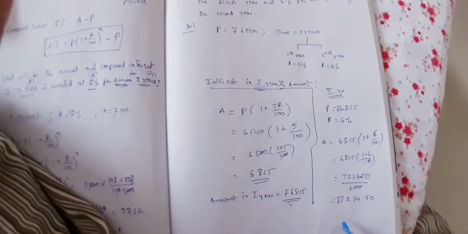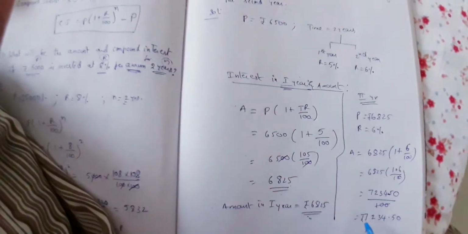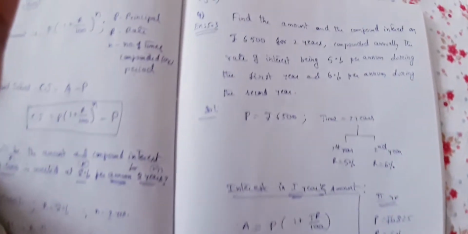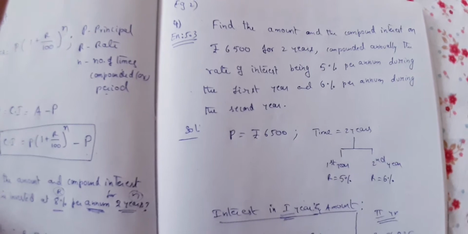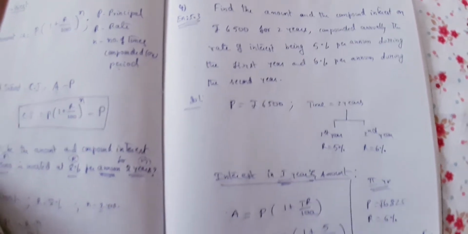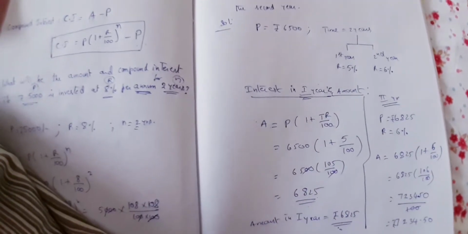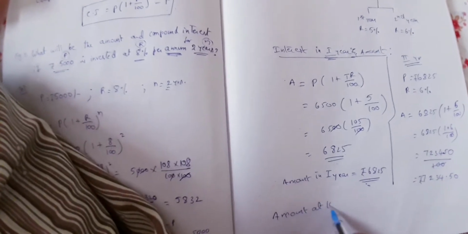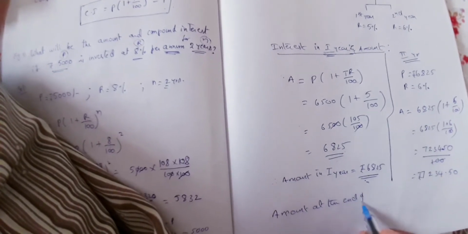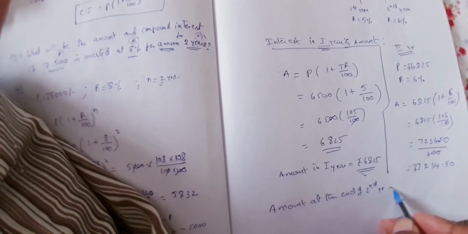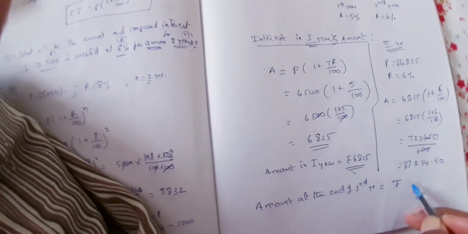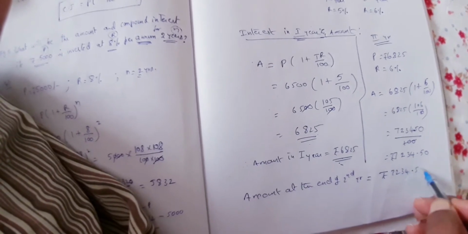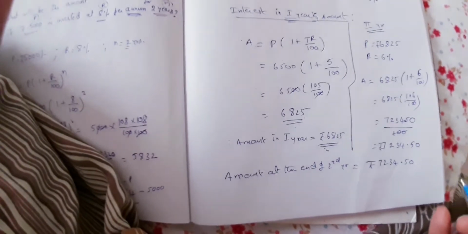Right? So is that clear, children? He also asked for the compound interest. Find the amount as well as compound interest. So the amount at the end of the second year is equal to rupees 7,234.50, or 50 paisa.